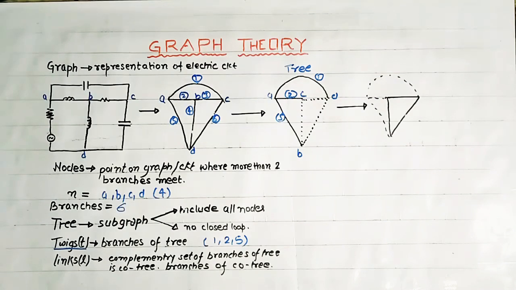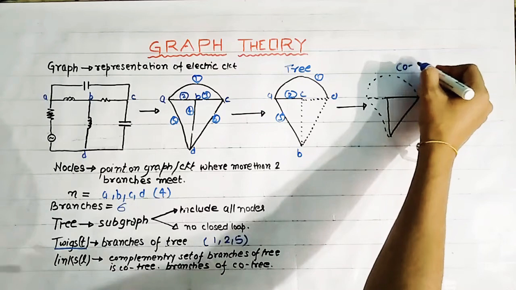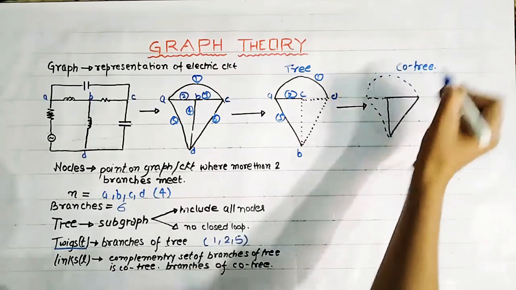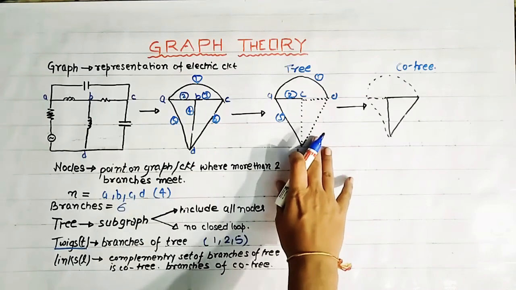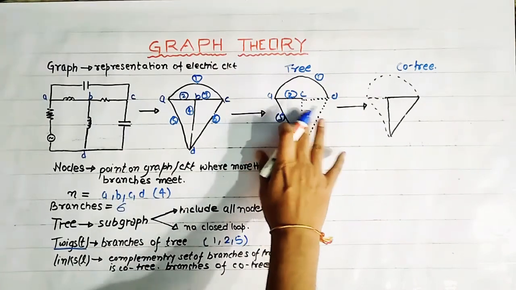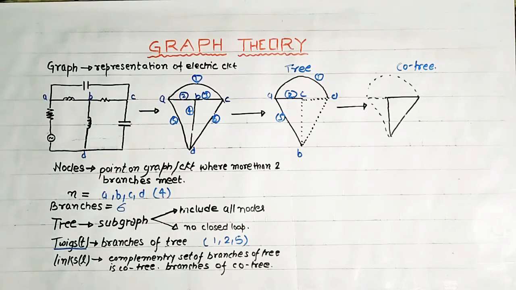Now what are links? If we make the subgraph by using the complementary set of branches of the tree, then it is called co-tree. Or we can say that if we make a graph by using the remaining branches of this tree, then it is a co-tree.